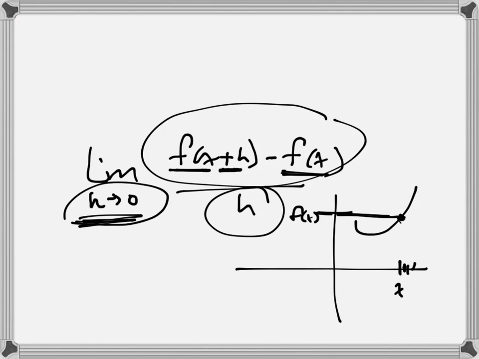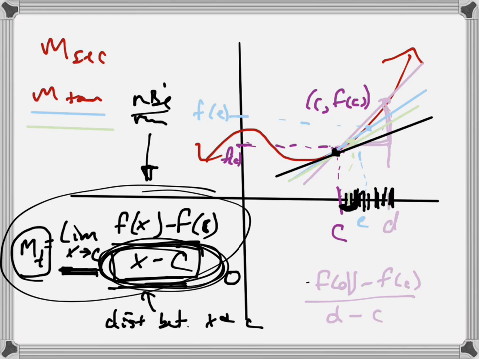The distance right here is h, and h is getting closer and closer to 0, which means f of x plus h is getting closer and closer to f of x. Theoretically, that's what's happening, and so that's the slope of the tangent line. It's a different way of saying the same thing.